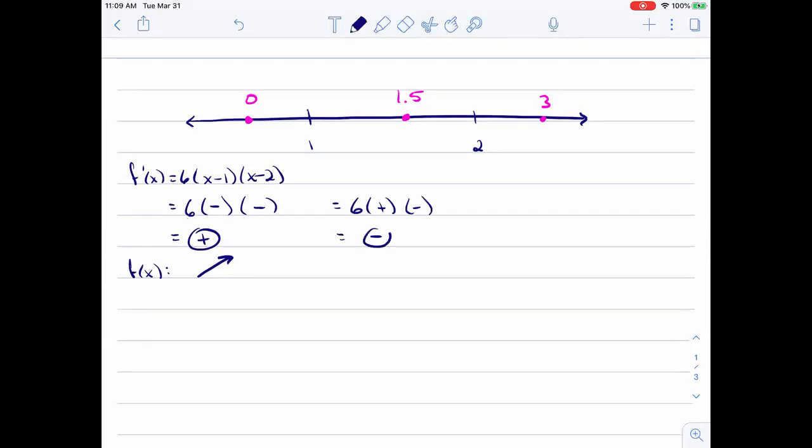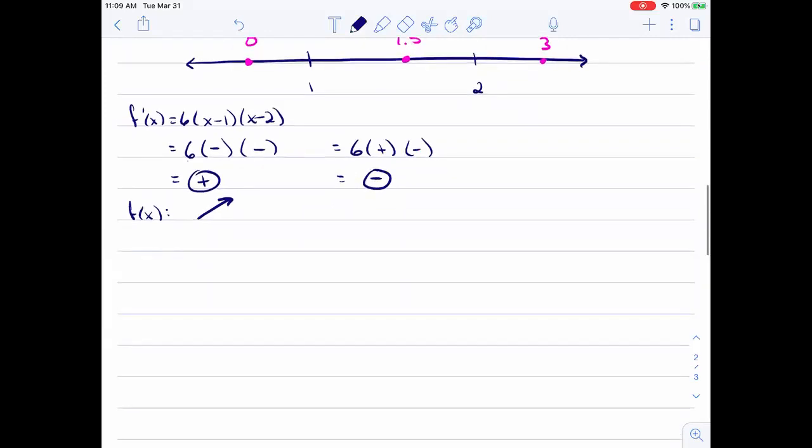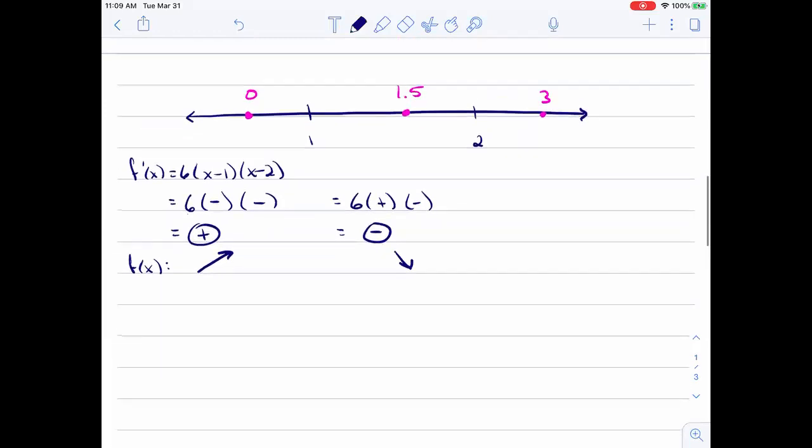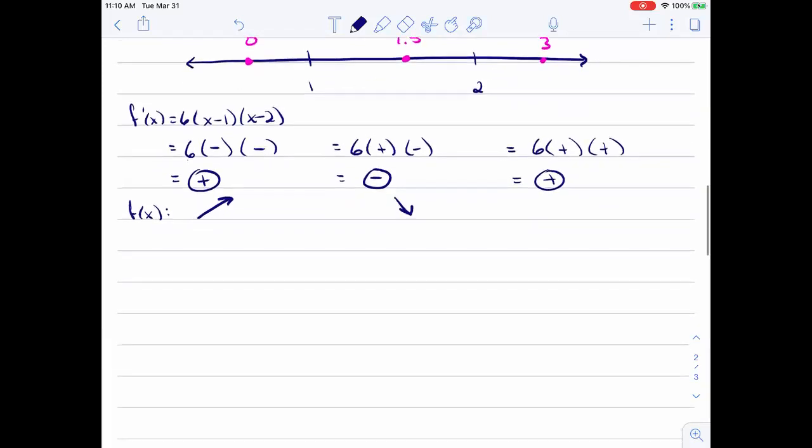So overall, I've got a negative number, which means the graph of f of x is now decreasing, right? Because my slope is negative. Moving over to anything greater than 2, well, I've got 6 times 3 minus 1 is positive. 3 minus 2 is also positive. So I get a positive number, making it increasing here.